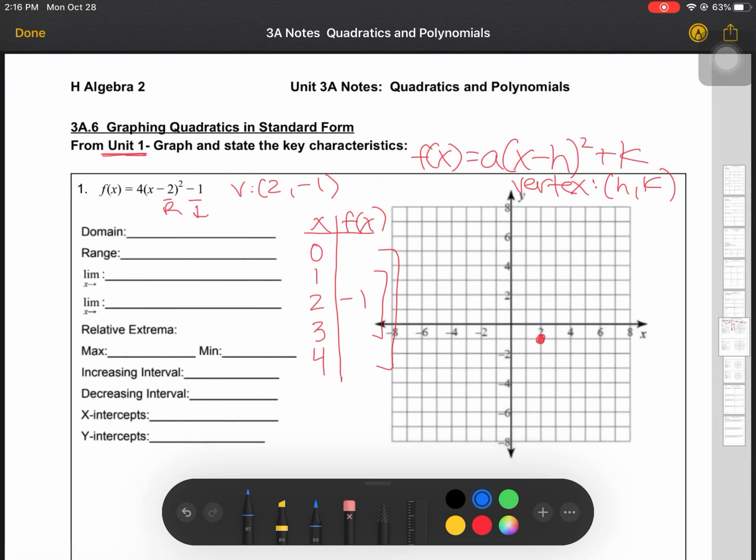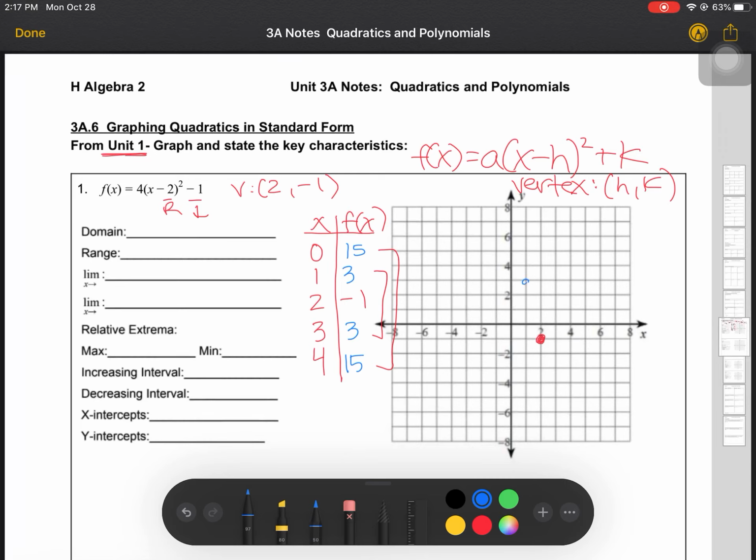When you plug in 0, 0 minus 2 is -2, squared is 4, times 4 is 16, minus 1 is 15. So at 0 and at 4, your y value is 15. When I plug in, say, 3, 3 minus 2 is 1, squared is 1, times 4 is 4, minus 1 is 3. So these will both be at 3.